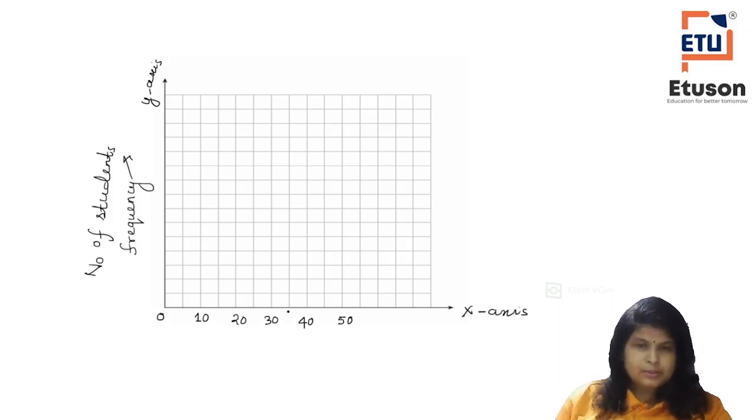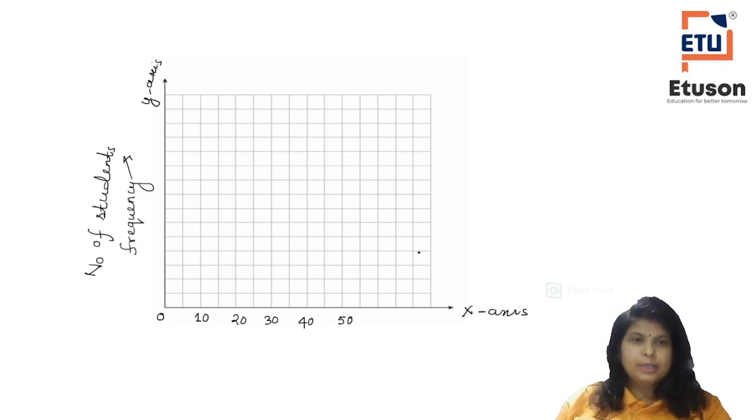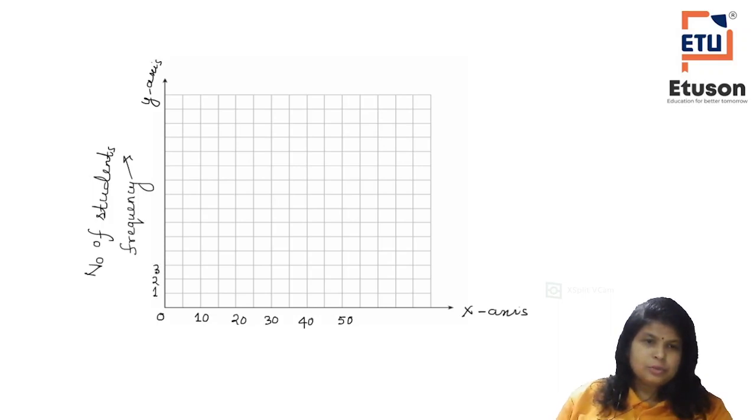Okay, so the frequency varies from a minimum of 3 to a maximum of 14, right? So I can just take 14. We can do 1, 2, 3, 4, 5, 6, 7, 8, 9, 10, 11, 12, 13 and 14.